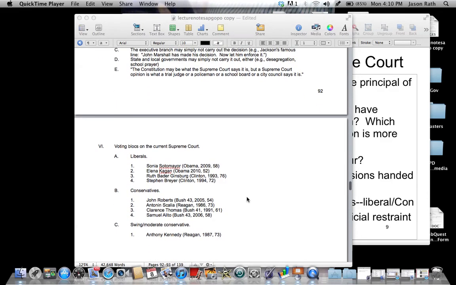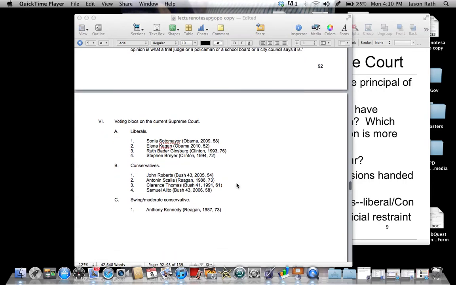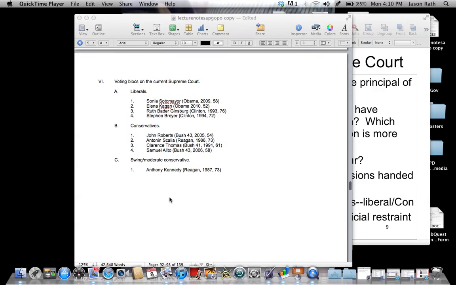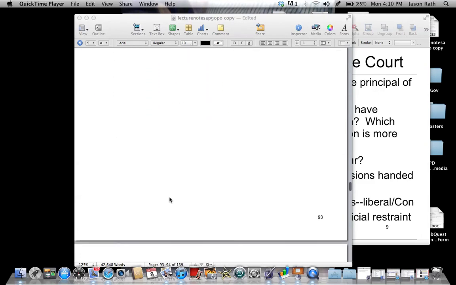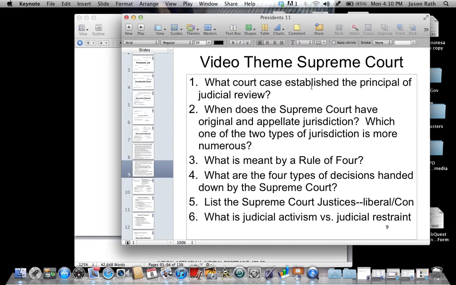Here are the people in the Supreme Court, the voting blocs of the current Supreme Court. These are the 9 justices. The Chief Justice, you ready? Could be an extra credit question tomorrow. John Roberts is the Chief Justice of the Supreme Court. There are the justices. Now, I'm going to go to this last little question here. We've gone through these first 2, this 3, this one, and we just did that one.